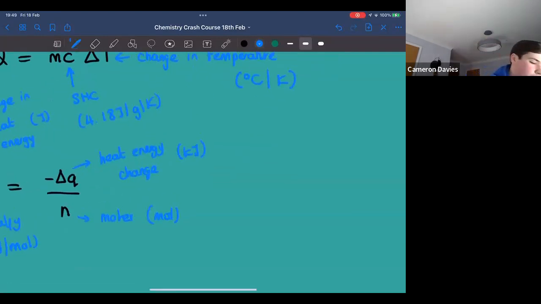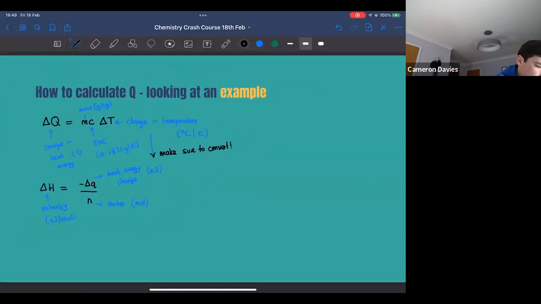So make sure you convert to find the correct value as your answer, because usually you lose a mark if you don't.